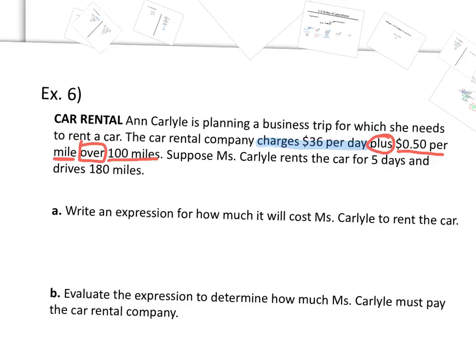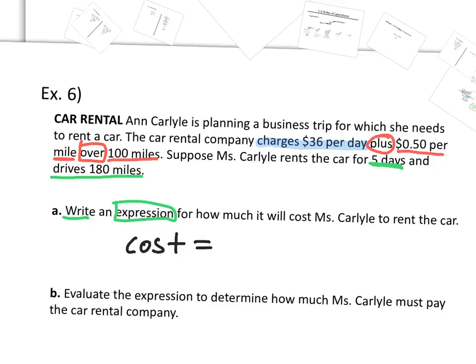So if Anne, she drives, she rents a car, and she rents a car for 5 days and drives 180 miles, you need to write an expression on how to find the cost. So let's go ahead and put cost right here. I want to know how much will she pay when she rents a car.